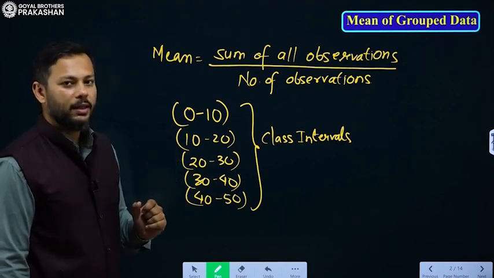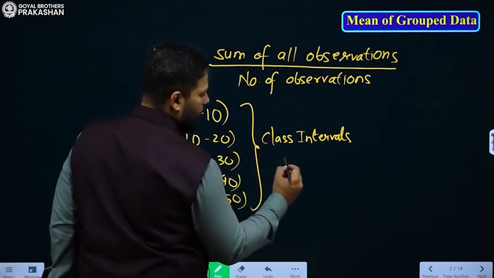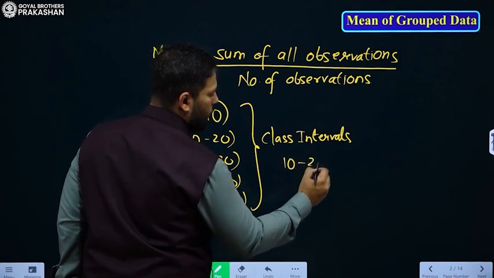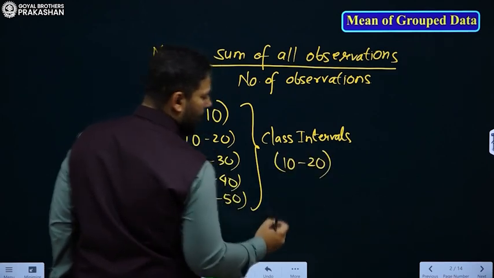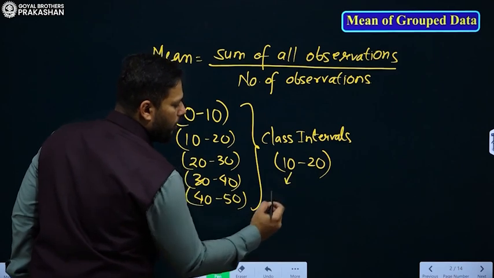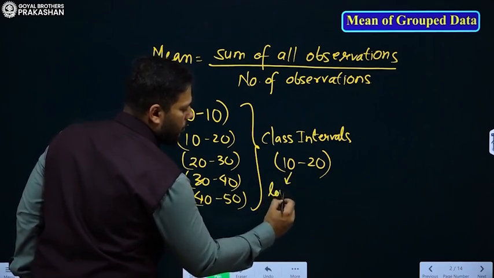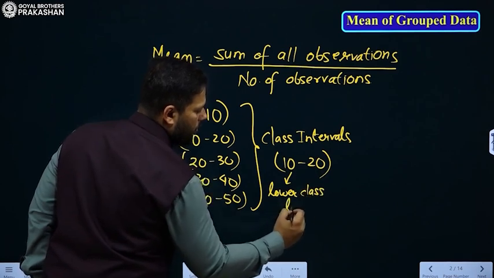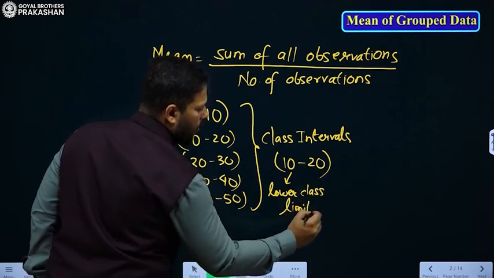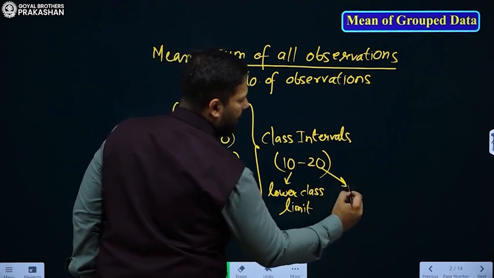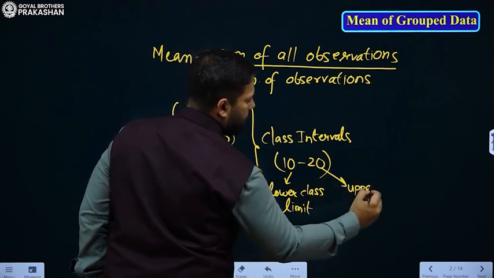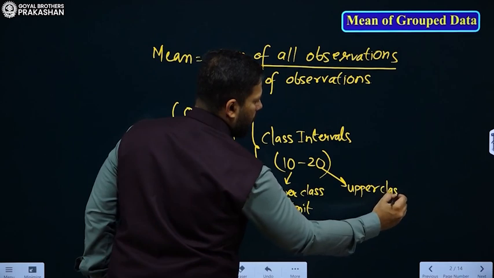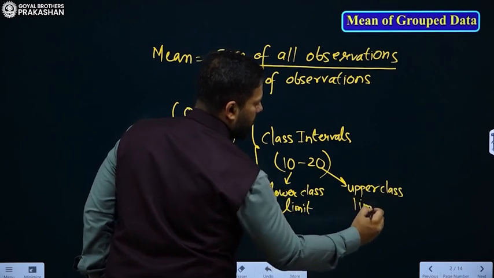Also, one important thing is in a class interval, if I take suppose the example of 10 to 20. So in 10 to 20, this smaller value is known as lower class limit. And this higher value is known as upper class limit.